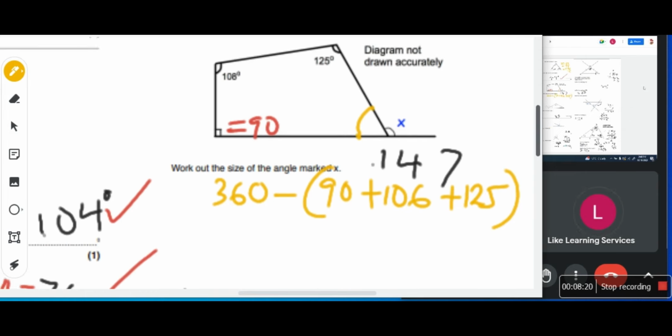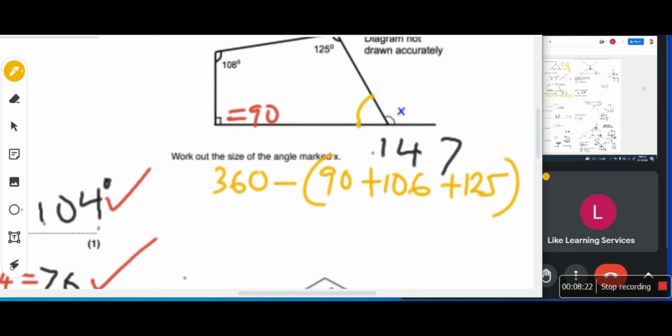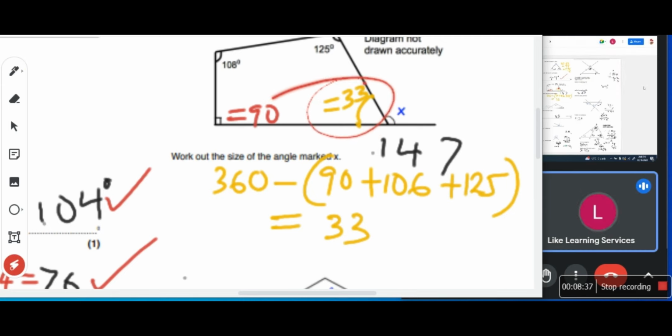I believe you got 33. So this place is 33. And if this is 33, you know this is a straight line.